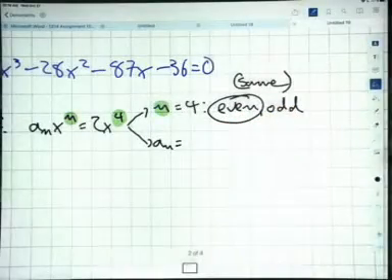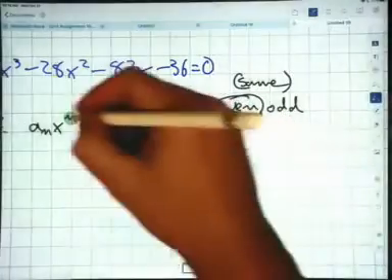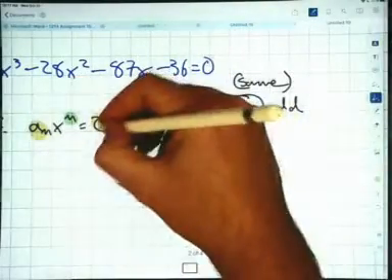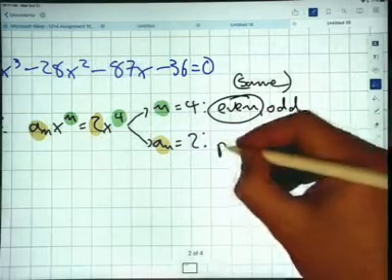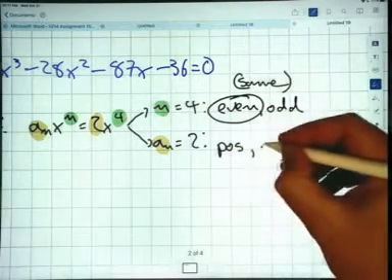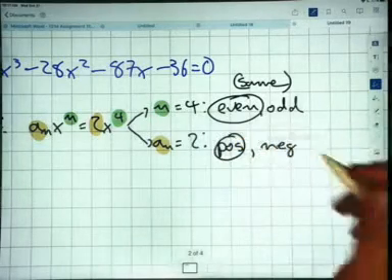And we determine that by looking at a sub n, the leading coefficient, which for us is 2. And we care about whether or not a sub n is positive or negative. And of course, 2 is positive.